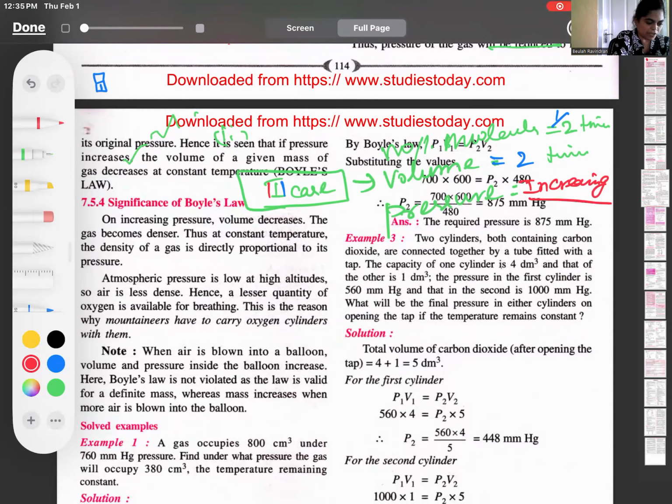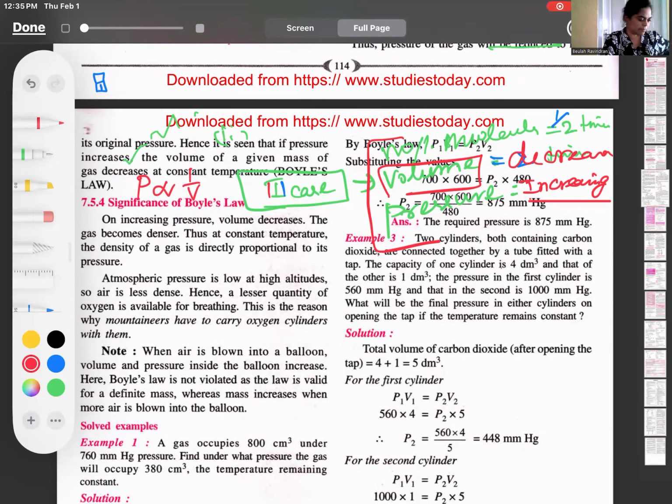If you increase the pressure, then by the activity of the molecules, looking at their kinetic energy, the volume automatically decreases. So this is generalized in Boyle's law. What is Boyle's law? Pressure and volume are inversely proportional. By observing all these cases, Boyle concluded this.